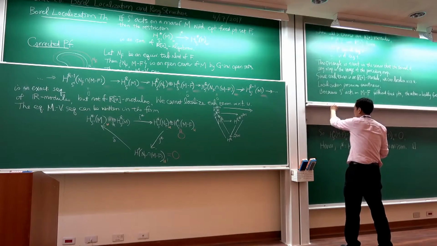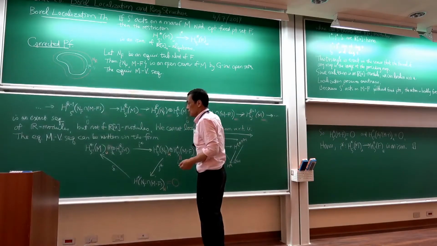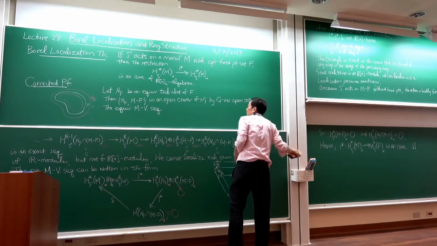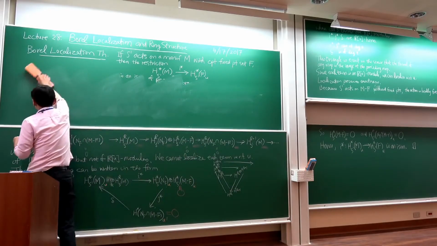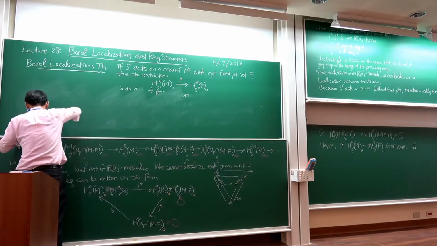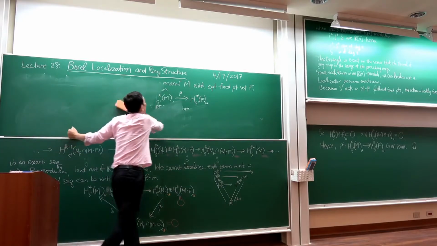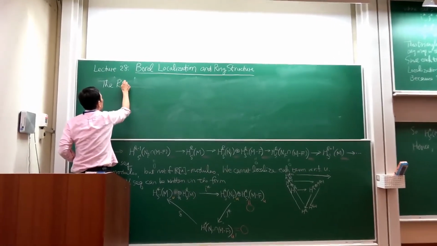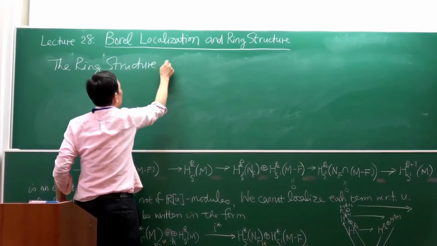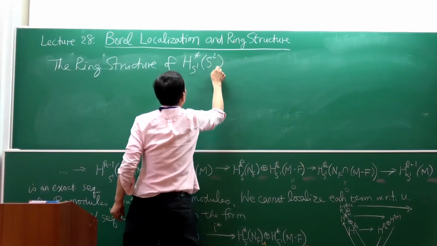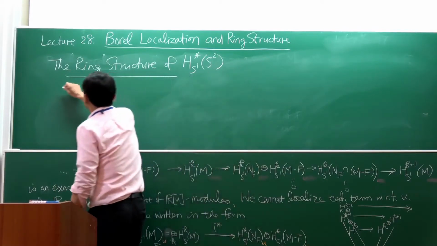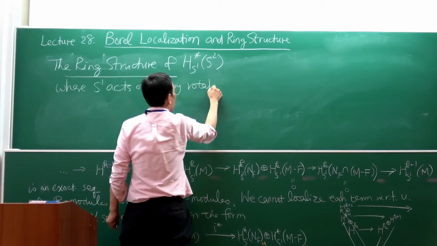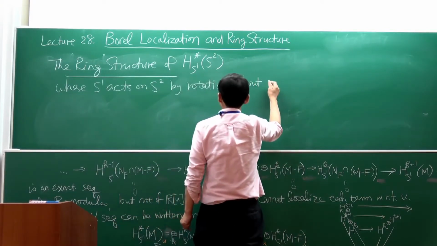Okay, so now let's apply this to figure out the ring structure of the equivariant cohomology of S1 acting on the sphere, where S1 acts on S2 by rotation about the z-axis.